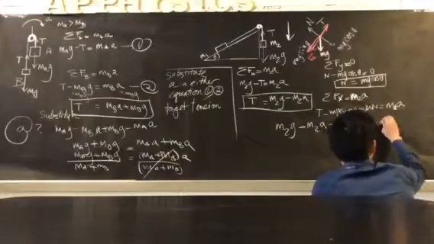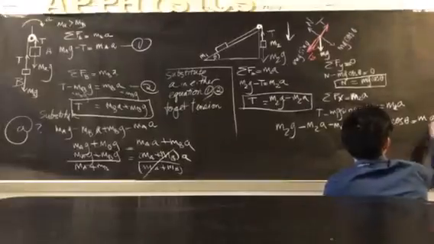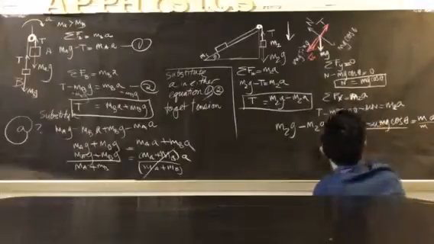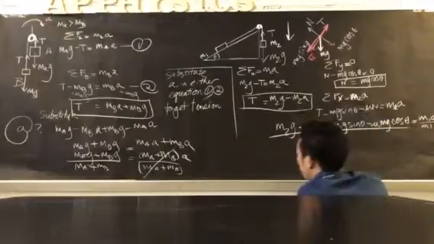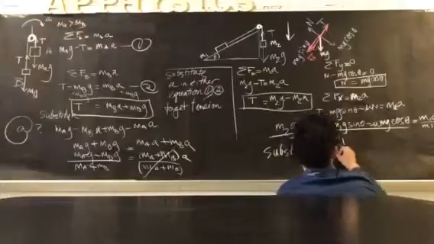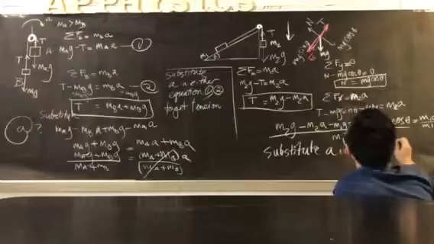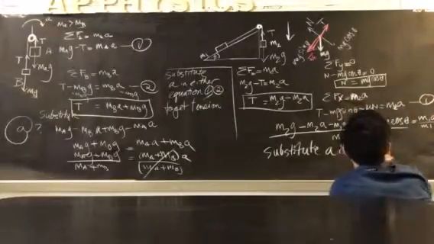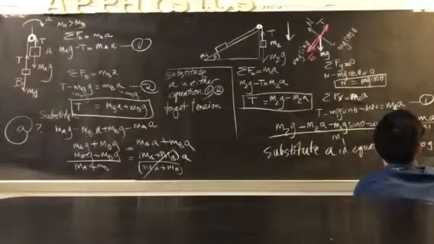My N is mg cosine theta, is equal to mass times acceleration. If I have to figure out the acceleration, I will divide both sides by the mass. Once I figure out the acceleration, I will substitute A into equation 1 to get the force of tension.